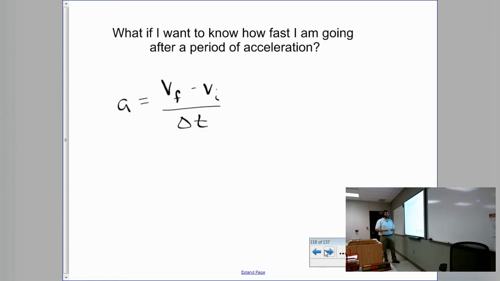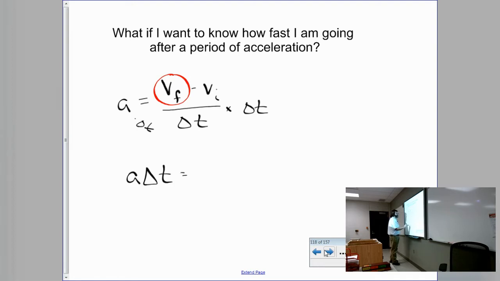So what all I really have to do to derive our first kinematic equation is rearrange our acceleration problem and solve for final velocity. To do that, I need to multiply both sides by my change in time. I'm going to multiply the acceleration by my change in time. And that gives us a delta t on the left equals velocity final minus velocity initial.